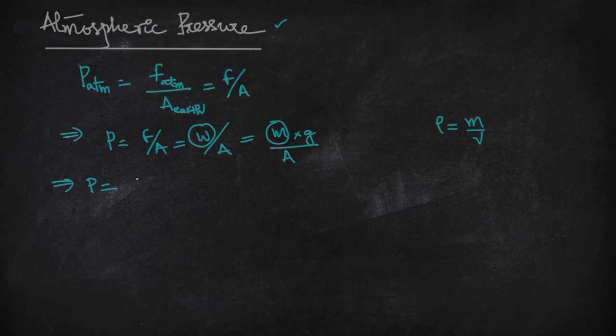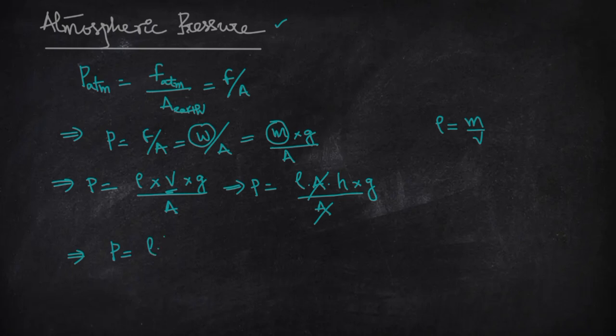So mass is density of atmosphere into volume of atmosphere, and here you have g by A, and this volume is again surface area of earth into height of the atmosphere into g by surface area of earth. This implies atmospheric pressure P is equal to density into height of the atmosphere into acceleration due to gravity.